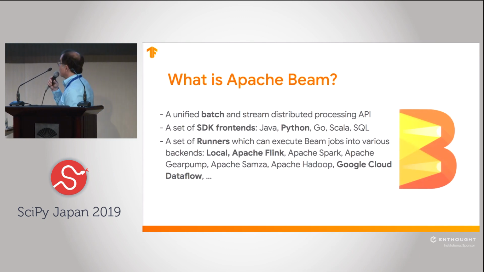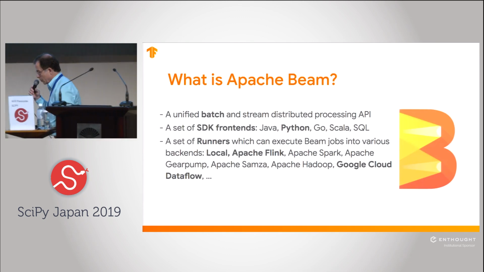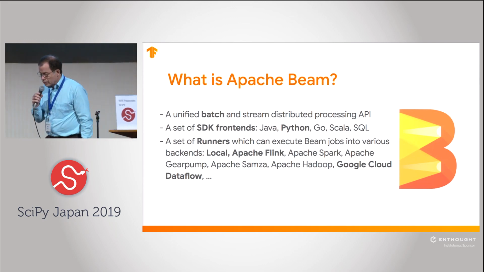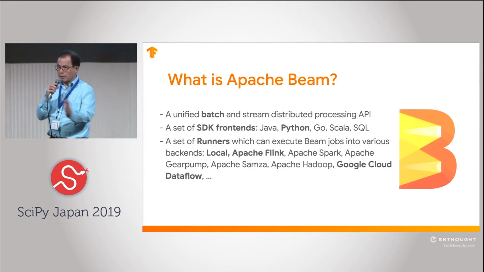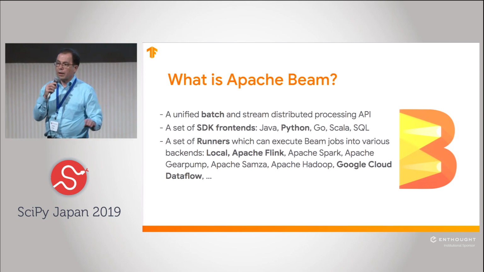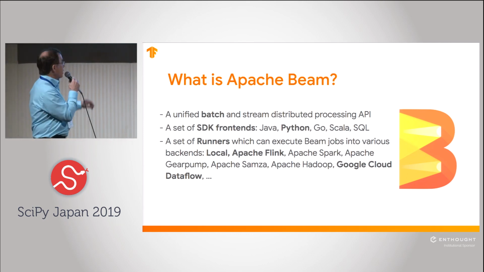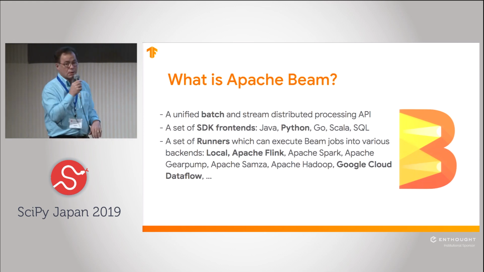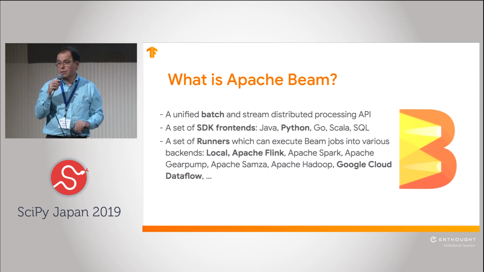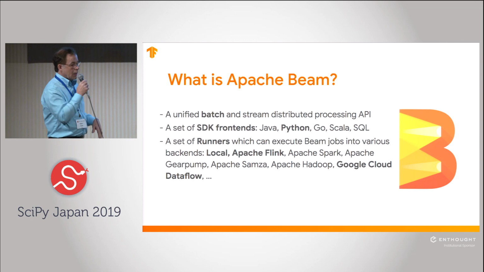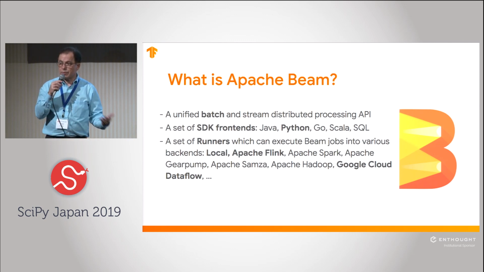First of all, we leverage Apache Beam quite heavily. Apache Beam is an abstraction layer on top of distributed pipeline frameworks. So things like Apache Flink or Apache Spark or Google Cloud Dataflow, those are distributed processing frameworks.